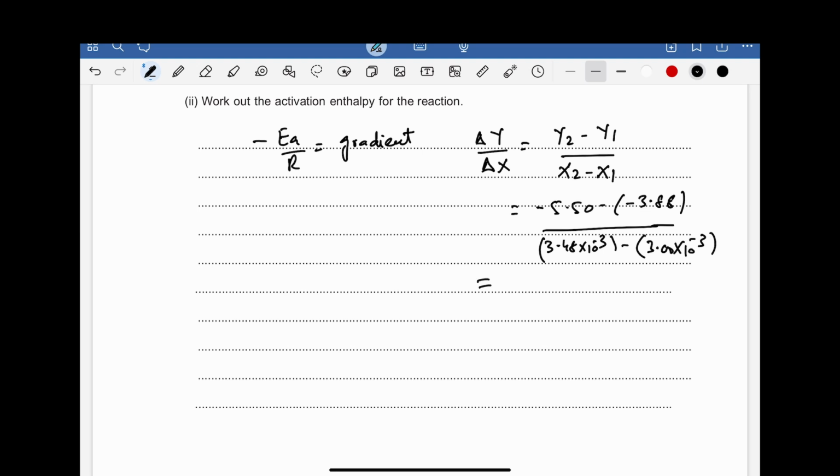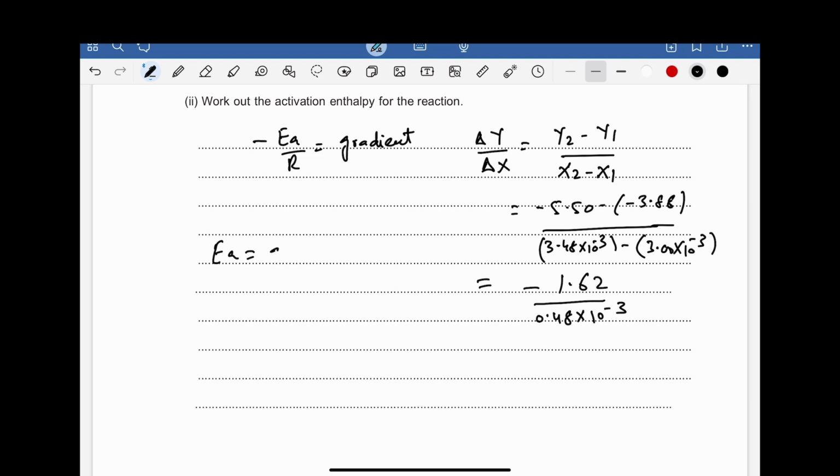If I solve this, that will give me minus 1.62 divided by 0.48 times 10 to the power minus 3.